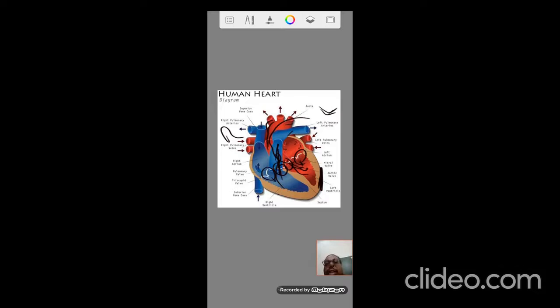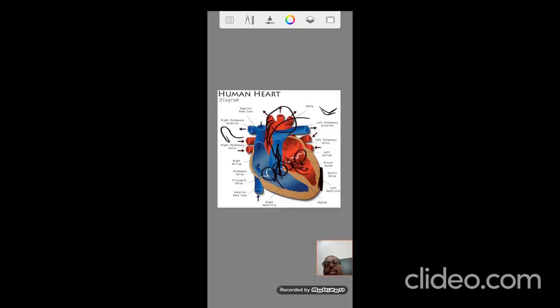But whenever we are discussing this, you should be very careful about why these valves have big structures, especially the aorta, and what is the function of these bigger structures.